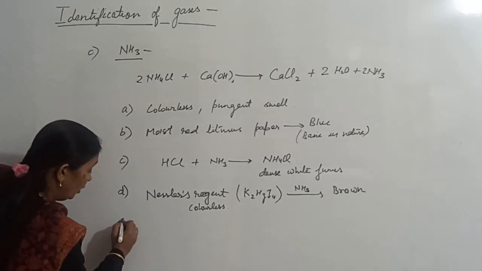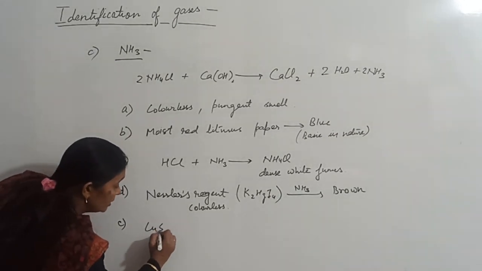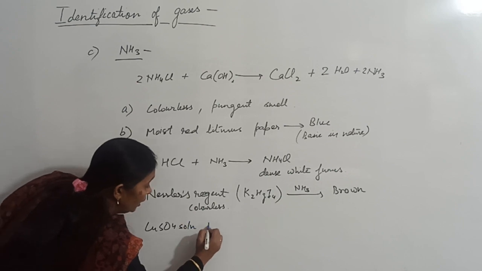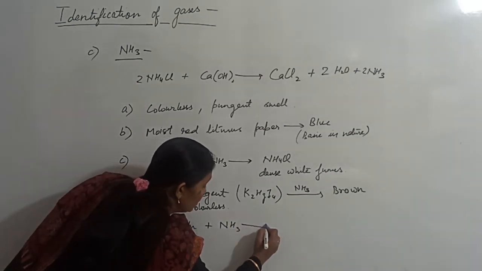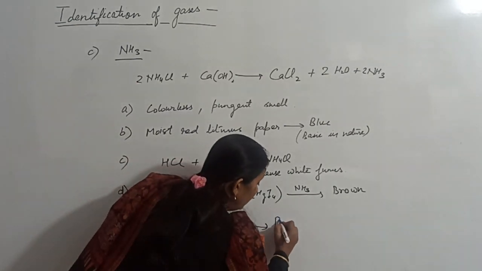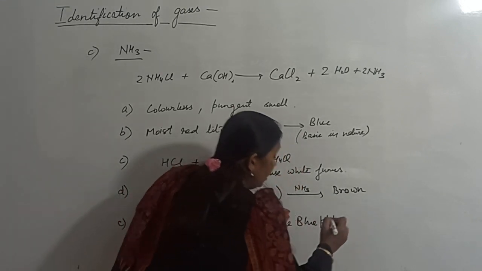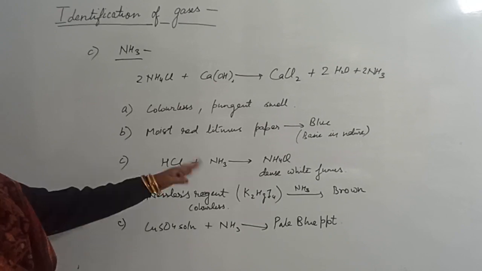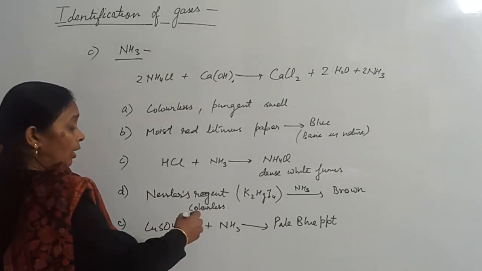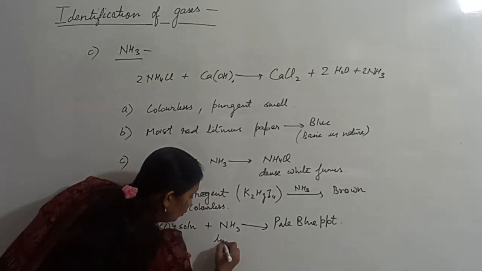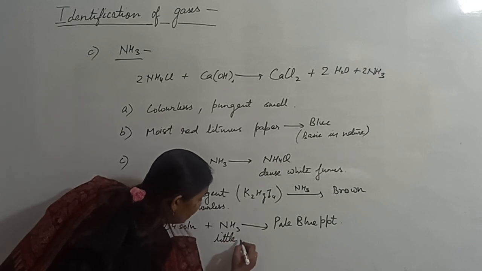The last test for ammonia is if you take copper sulfate solution and pass ammonia through it, you will get a pale blue precipitate. This pale blue precipitate is formed when you pass a little amount of ammonia.